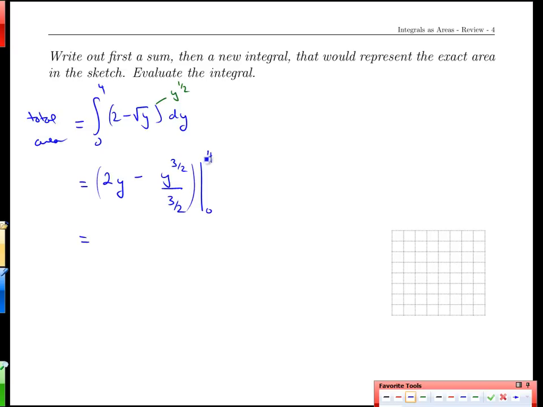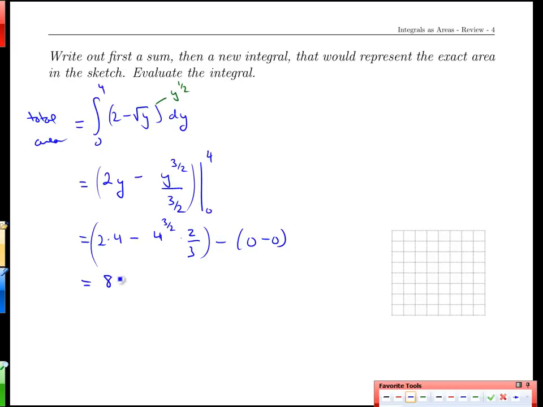And then we just plug in our upper limit. We get 2 times 4 minus 4 to the 3/2, and divided by 3/2 is the same as times 2/3. And on the other end with the zeros, it's really easy. It's 0 minus 0.